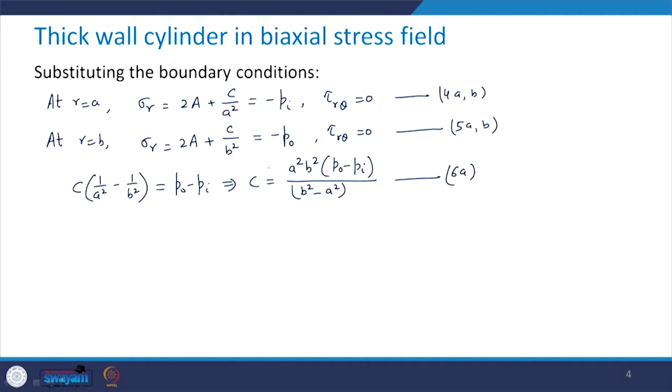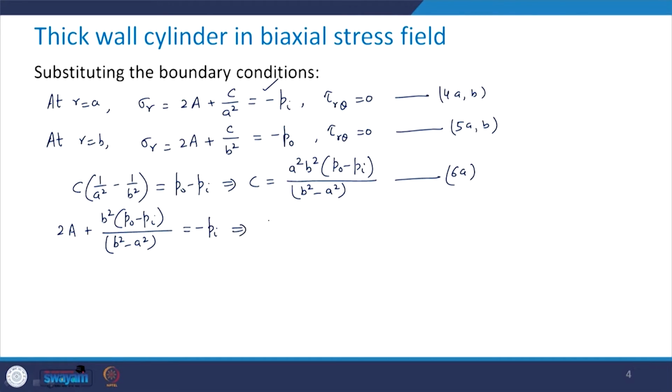Just substitute this c in this equation and see what you will get. 2a plus b square into p naught minus pi divided by b square minus a square, and this will become equal to minus pi.